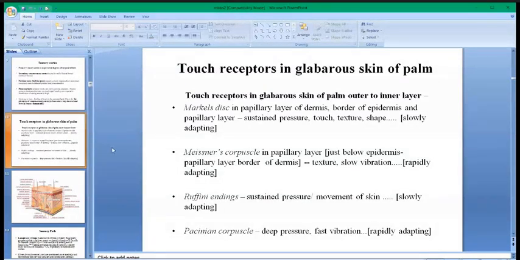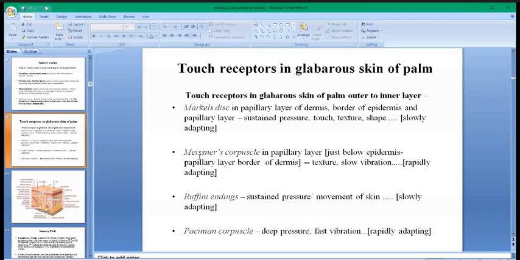Now there are different touch receptors, right? Some are slowly adapting receptors, and some are rapidly adapting receptors. Merkel's disc is slowly adapting, and Ruffini is slowly adapting.